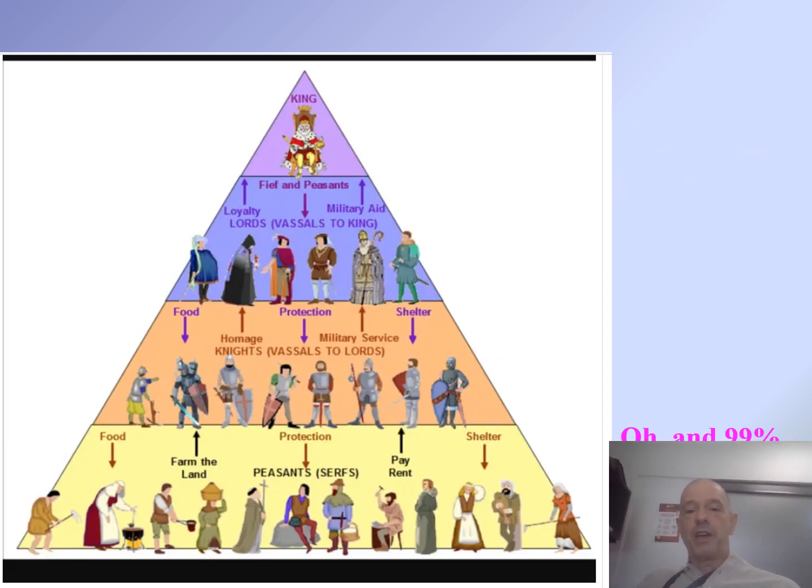And this is just, and what's covered up by my face down here is, oh, and the 99%, these are the serfs at the very, very bottom. And that's, again, 99, 98% of the population. At the top, although kings were not that common at this point, these are at least top nobles, extraordinarily wealthy people at the top.